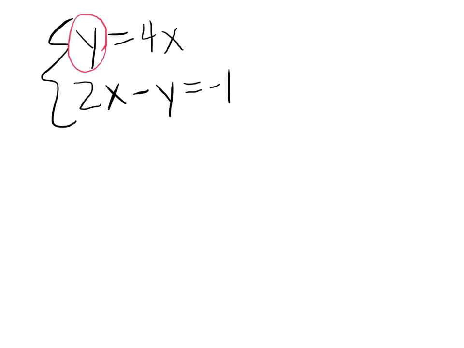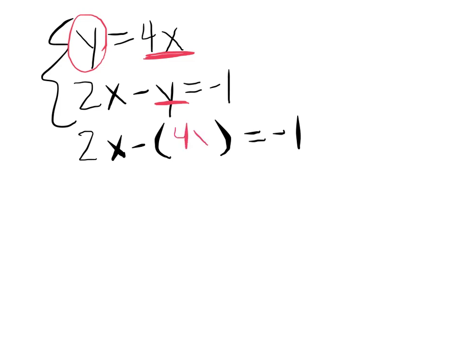Y is all alone. Hooray, that means we don't have to do anything. We are substituting 4x because 4x equals y. So wherever we see a y in the second equation, we're going to put a 4x. So 2x minus big gaping hole where y was equals negative 1. And wherever there was a y, we're going to substitute a 4x.